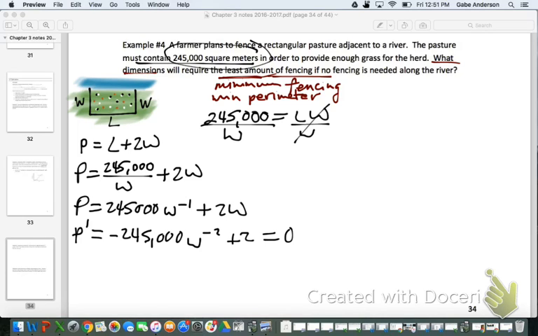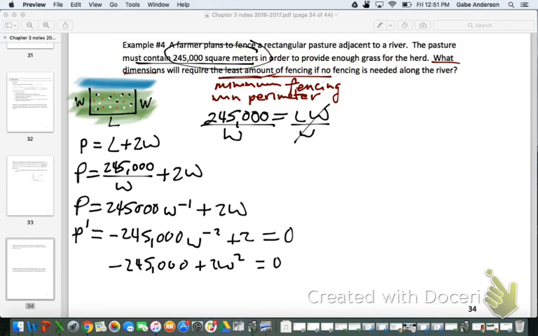I don't know what you guys did, but I would say at this point, realizing that W to the minus 2 is really a denominator, I would clear that fraction by multiplying everything through by W squared. Does that make sense? So I would multiply through by W squared. That would give me negative 245,000 plus 2W squared equals 0.